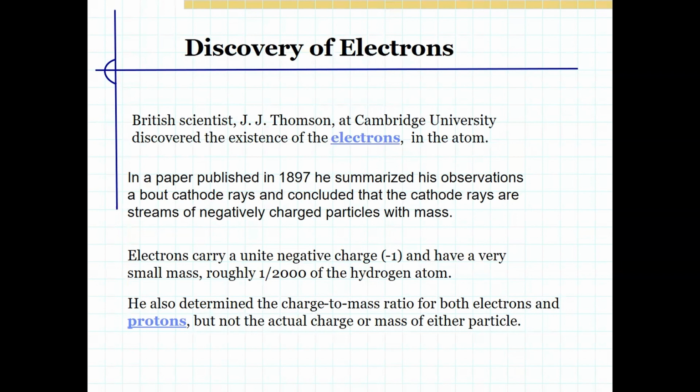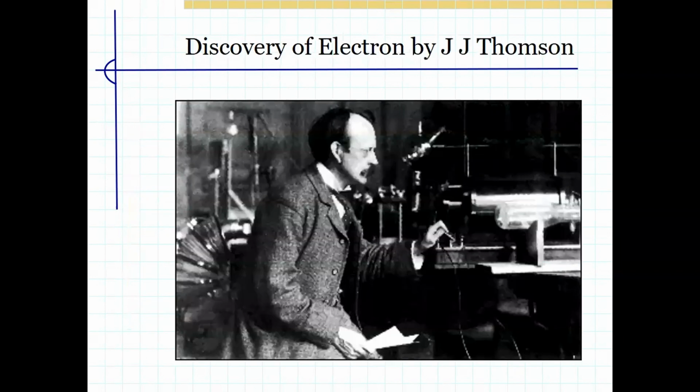He also said that the oppositely charged particle resides within the atom. So the electron and the oppositely charged particle, which he termed proton, coexist in the atom, and they actually balance, and the overall charge on the atom is 0.